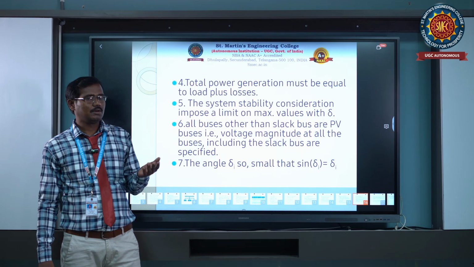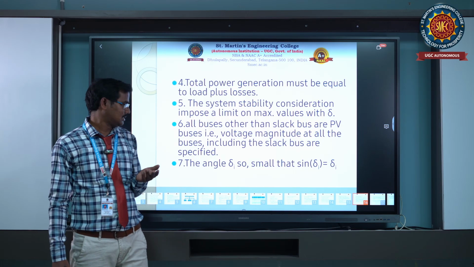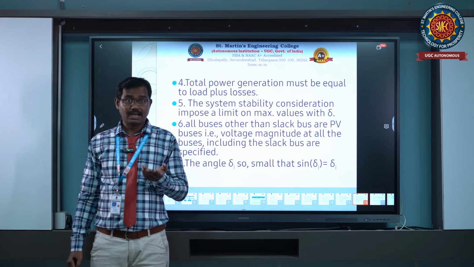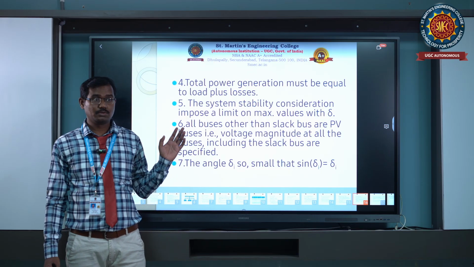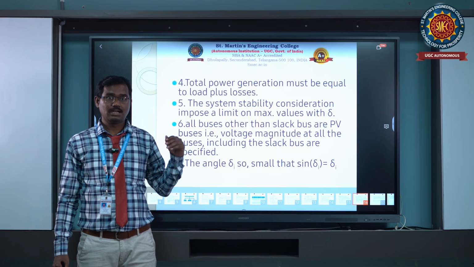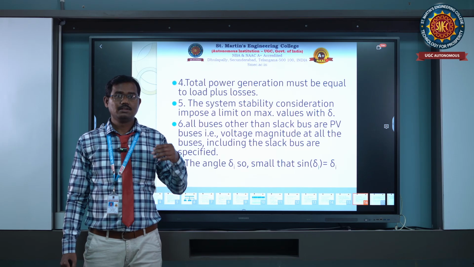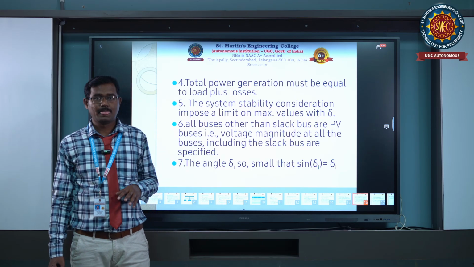And the seventh point of the approximation is that the angle delta I is so small that sin delta I is equal to delta I.